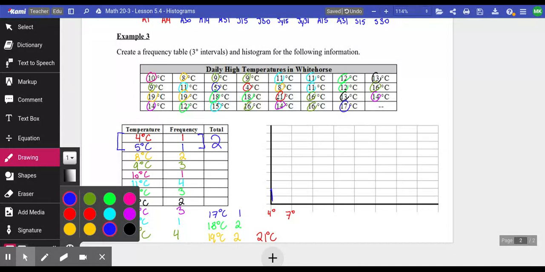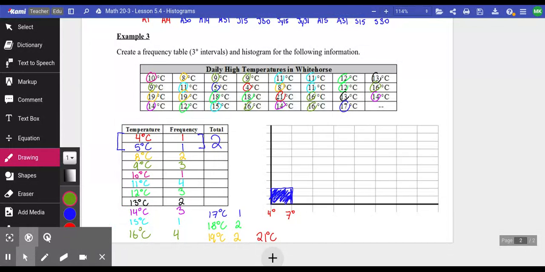So that means I will make a bar that goes up to 2 for 4 degrees to 7 degrees. And then I'm going to do, okay, what about from 7 degrees, which will technically be 8 degrees. So from here will be 8 degrees to 11 degrees.